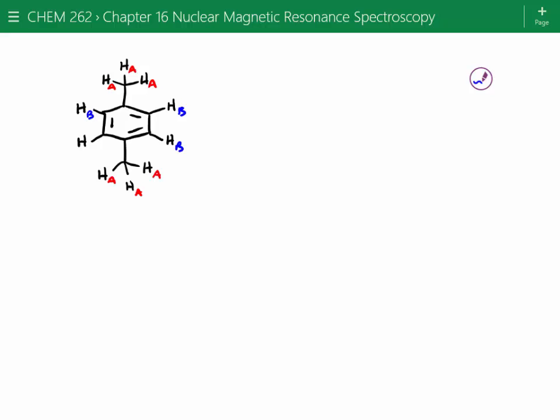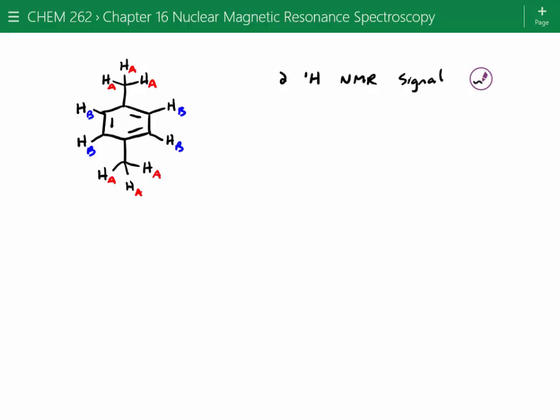If you're pretending that you're these protons labeled HB and you look around, behind you there's going to be a methyl group, and in front of you there's going to be another proton on the aromatic ring. So if we look at this molecule, there will be 2 proton NMR signals, 1 for HA, 1 for HB.